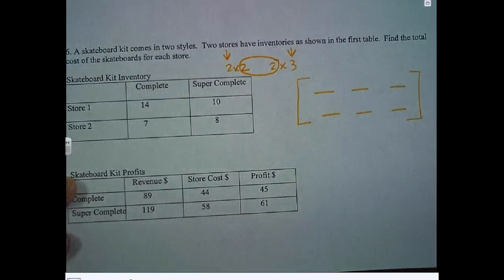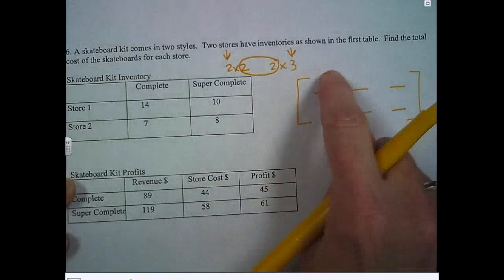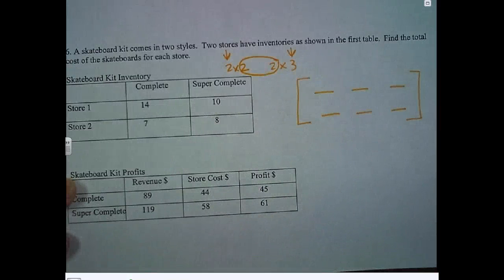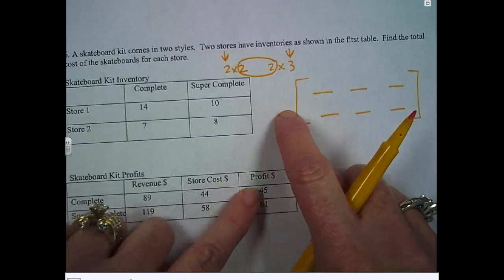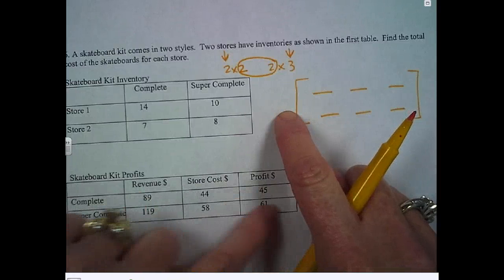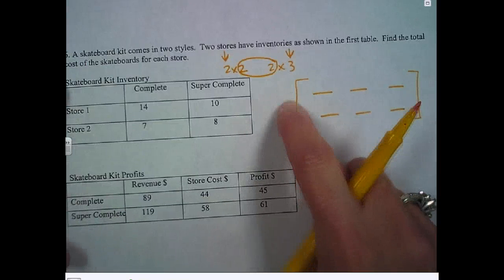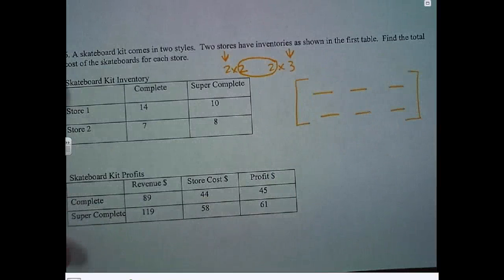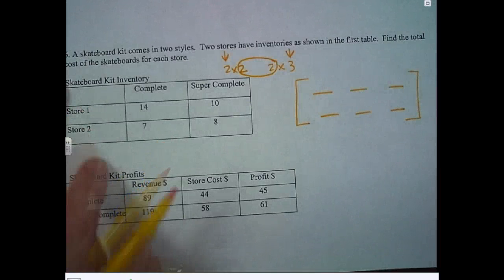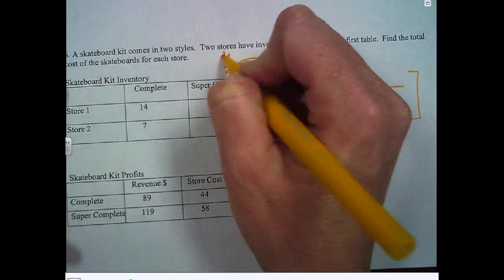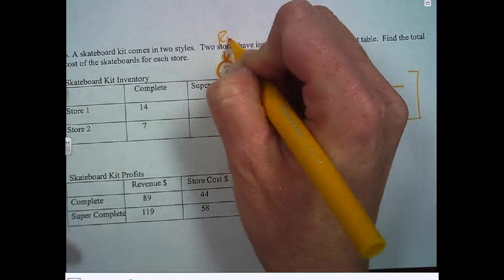There it is, right? And in order to read my answer matrix, I need to label everything. Well, I have 2 rows and 3 columns. So what do you think that I'm gonna label? If I've got 2, these two can't possibly be revenue, store cost, and profit, can they? Because there's 3 of these. So what are we gonna have to label these? Which one has 2 rows that's gonna work? Store 1 and store 2. And you can look at it because we're taking the 2 from here, which is the row, right?